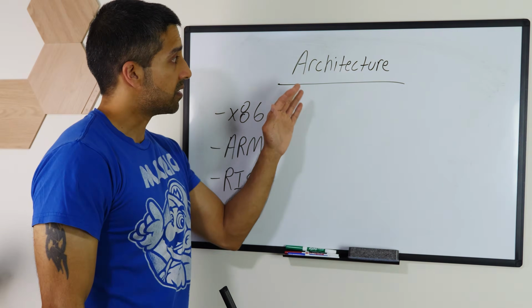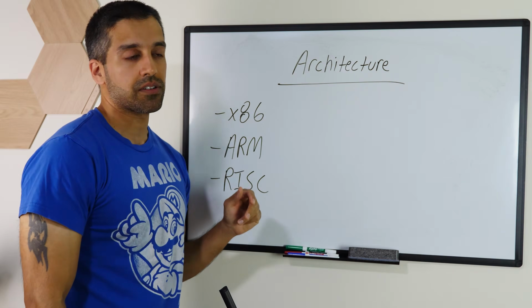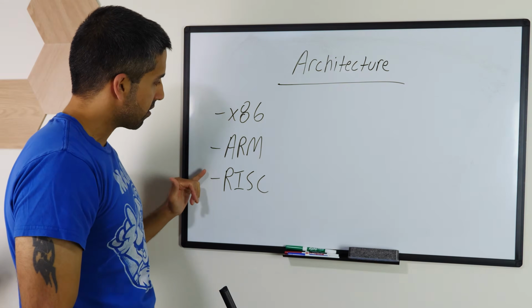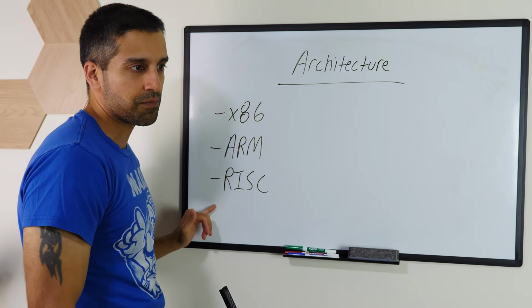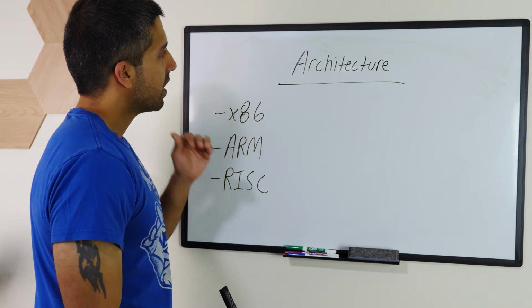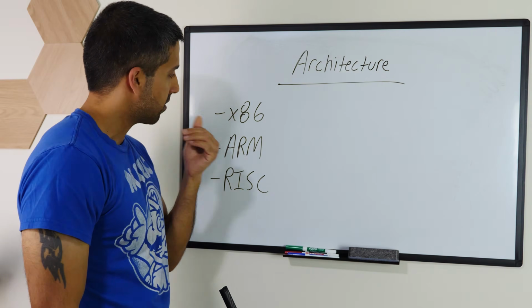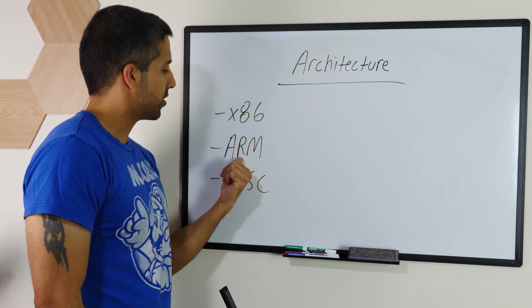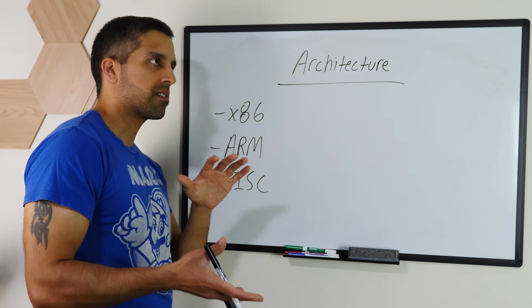Another concept is the architecture design of the processor itself. This is a whole separate video on its own. In fact, these 3 things here could probably be separate videos individually, depending on how I conduct my research and draft my paper. But basically, one of the most common ones you might have heard of is x86, very common. Another one is ARM, which does fairly well in some situations, sometimes it won't.